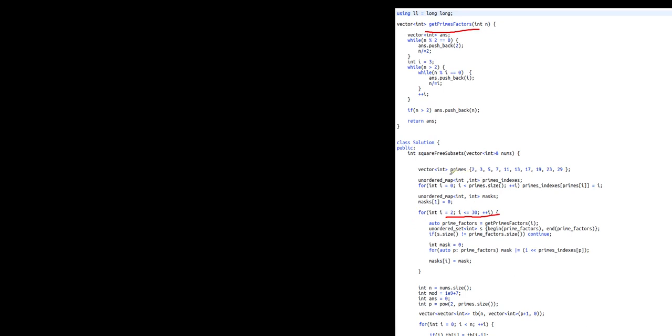Now, a prime factor will be one of these 10 numbers: 2, 3, 5, 7, 11, 13, 17, 19, 23, and 29.